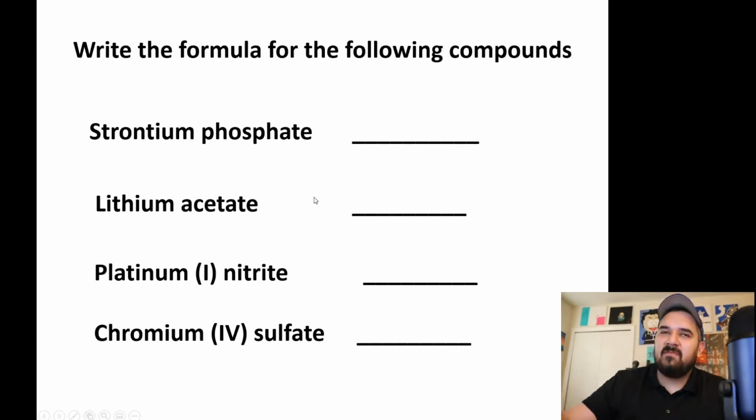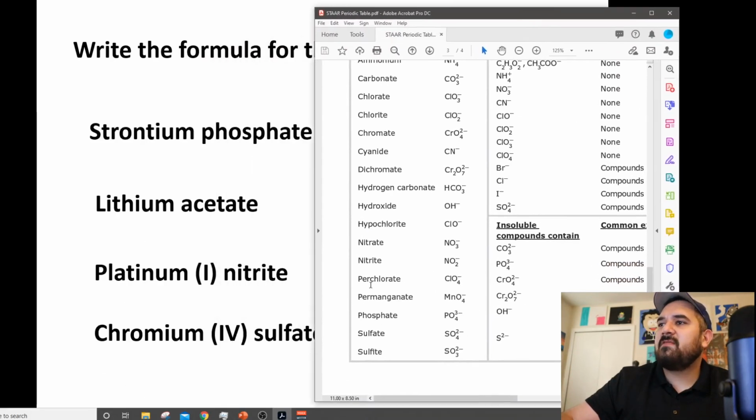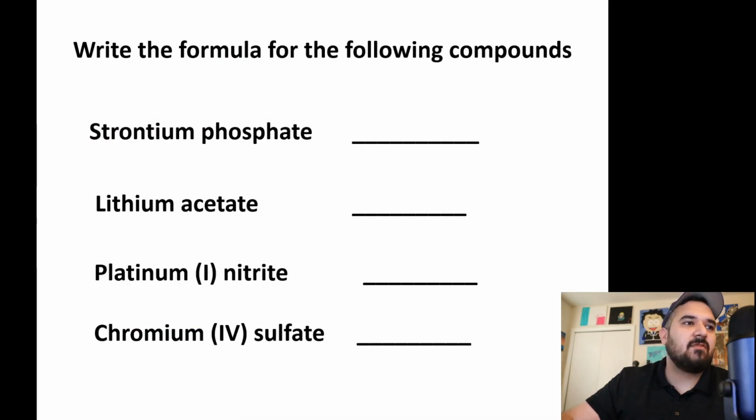All right, so strontium phosphate. Now we're just doing the opposite. And to answer these, we're going to need our polyatomic ion chart. So first one we're going to work with is phosphate. Here's phosphate right here. PO4 with a 3 at the top, which means it's got a charge of -3. Let's write that out. PO4.